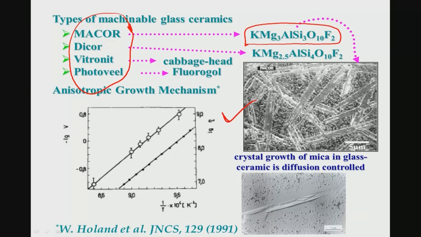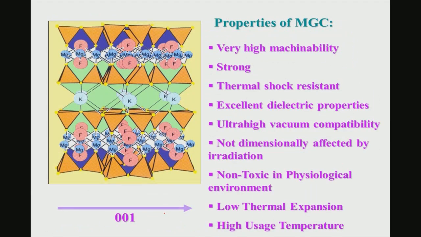This is the SEM image showing crystal growth of mica in glass ceramics, diffusion controlled, published way back in 1991, almost 25 years ago, in the Journal of Non-Crystalline Solids. Now, what are the properties of mica based glass ceramics? They have good machinability, they are strong, they have thermal shock resistance, and excellent dielectric properties and so on.